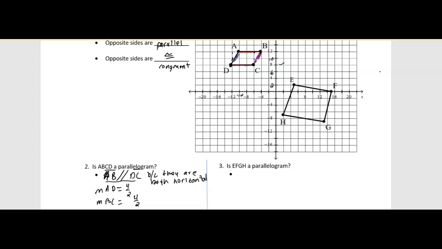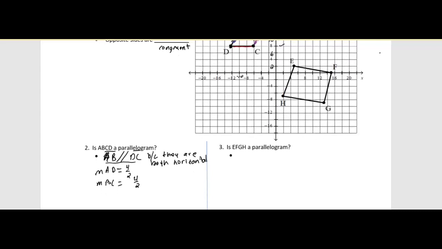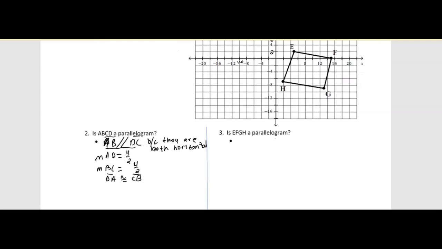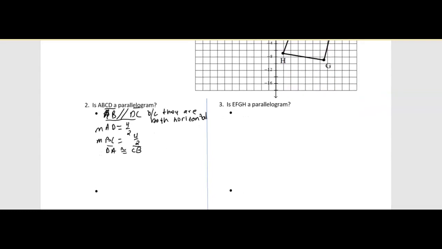So we can then say that segment DA is parallel to segment CB.